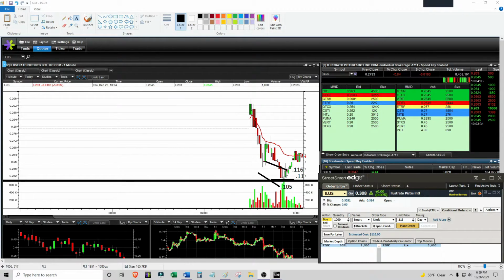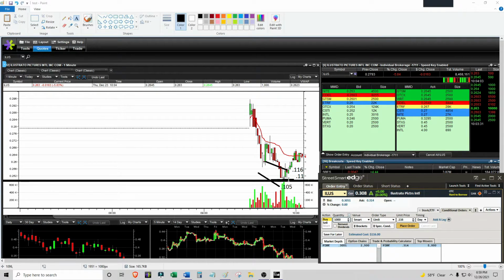For this example, 11.6 to 11.5 is super close, so I would not count that as a section, but I would count 11.6 to 11 as one section. Because this one is from 1 to 2 sections, we stick at the size, which is 1,000 shares for stocks over 10 cents.